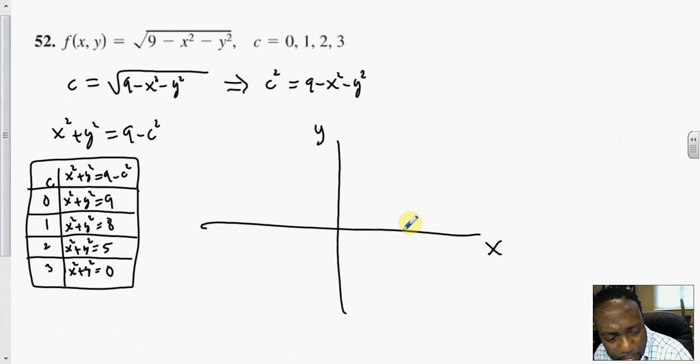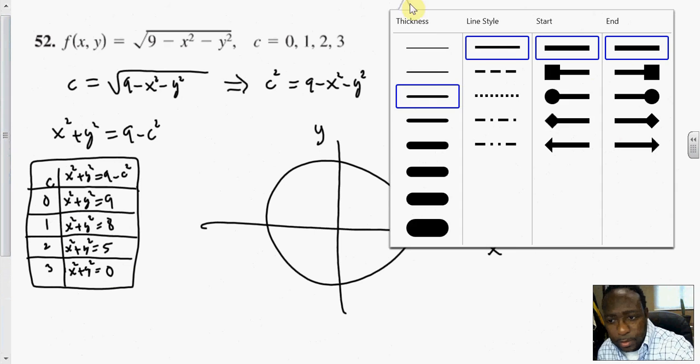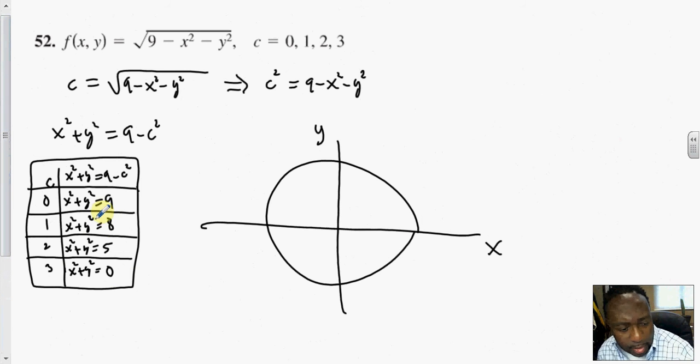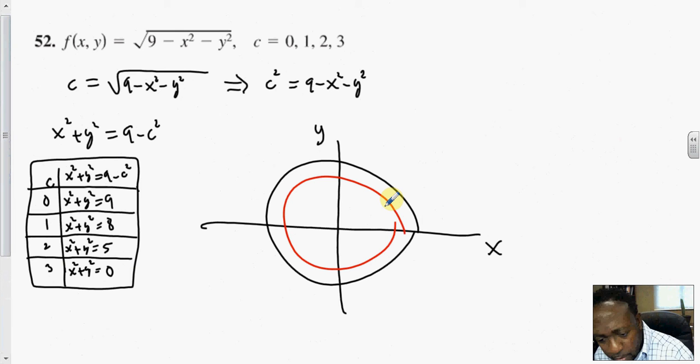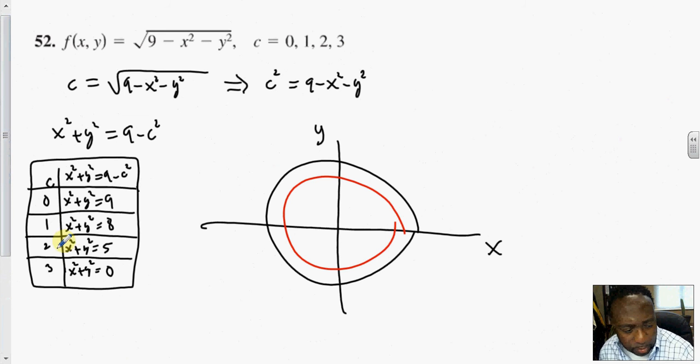So this one is with c is 0. We have the radius is 3. It's a circle. Then for the next one, we get a little bit smaller. And I know my circles and my ellipses kind of looked about the same, right? Anyway, the next one where c is equal to 2.